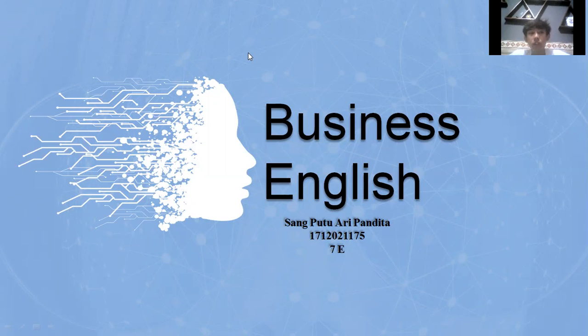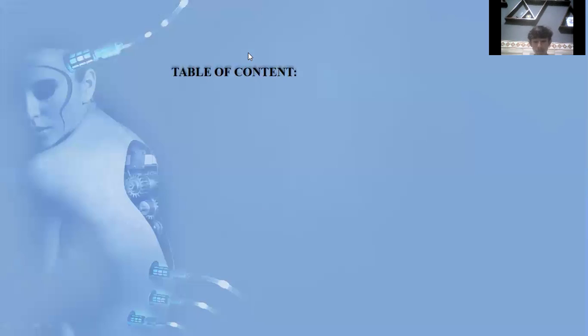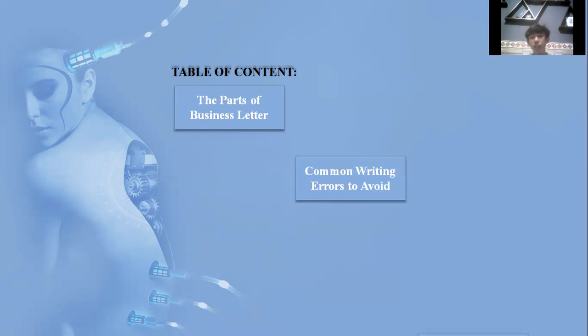I would like to explain some parts in this English. As you can see in the table of contents, there are three parts that we'll discuss in this video. The first is the parts of a business letter.